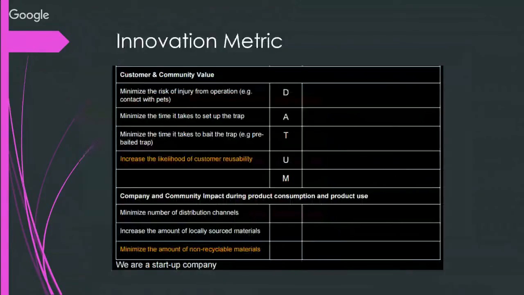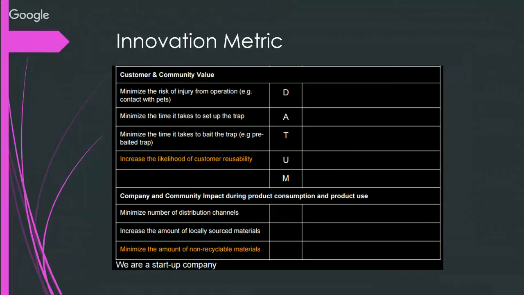Once you've gone to your customers, then you can use what is called the innovation metric. With the innovation metric, it contrasts the customer versus community value and the impact as well. Impact, customer and community, and value versus impact. There we go.